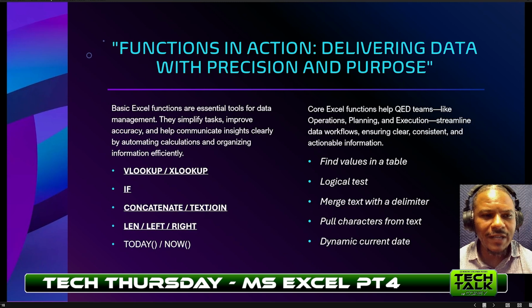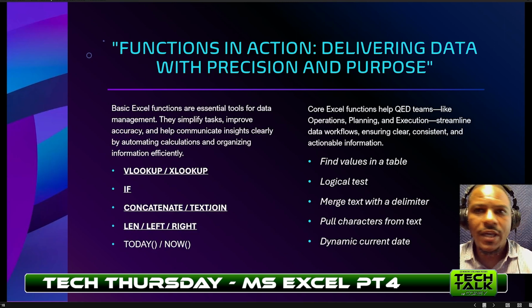Left and right are kind of self-explanatory. They pull characters of text from different areas, in different directions. And then the date or time is another way to basically visualize a time and place or a date.